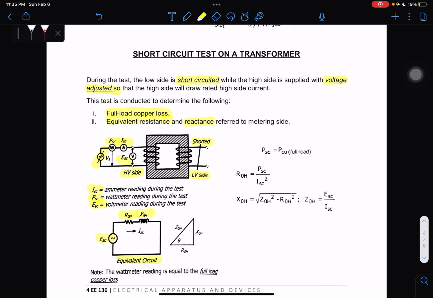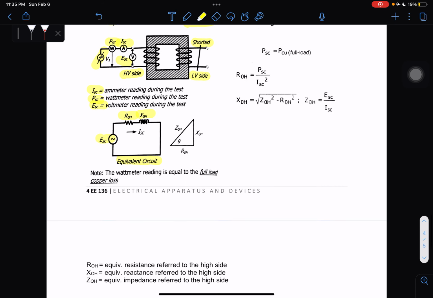We already know these are the resistance and the reactance. So ROH is the resistance, XOH the reactance, and new in the short circuit test, we have ZOH. We already know that Z is impedance, referred to the high side.